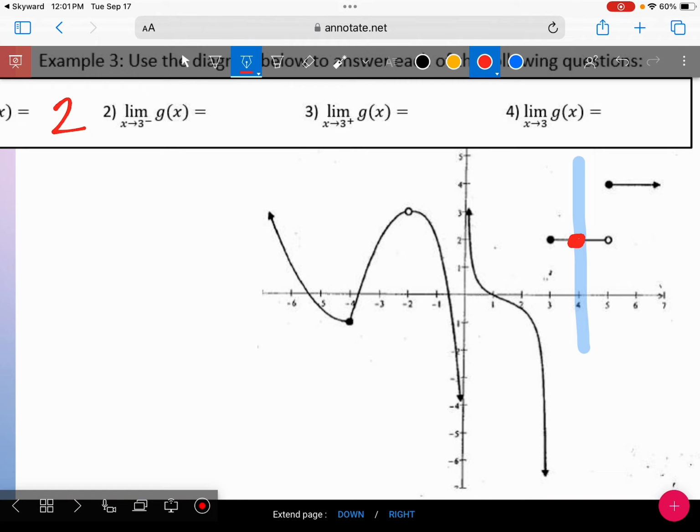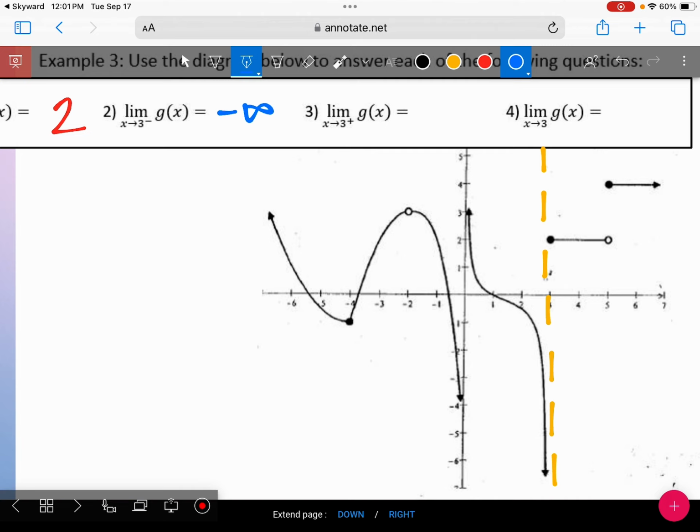So now let's look at 3. First, I need to find 3. It's definitely not continuous. So here's 3. On the left side of 3, notice what the graph is doing. It's going down. So we have an asymptote. Because it's going down, what is it approaching? Negative infinity, because it's going down.